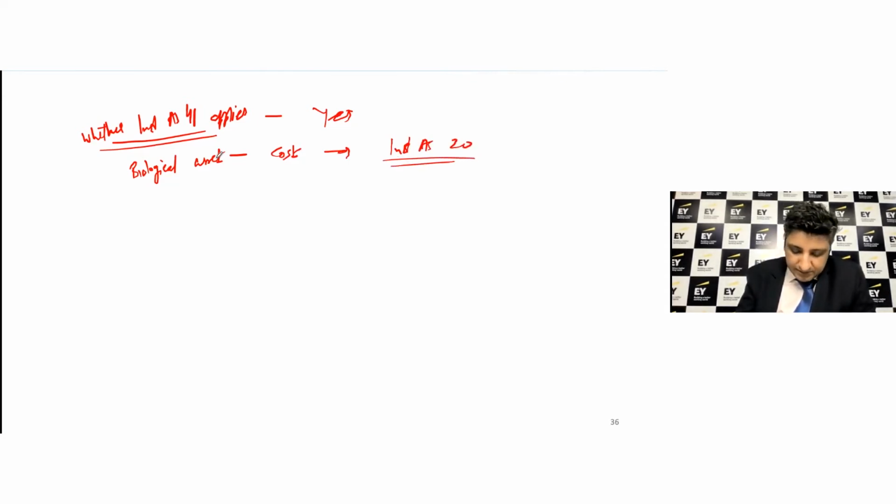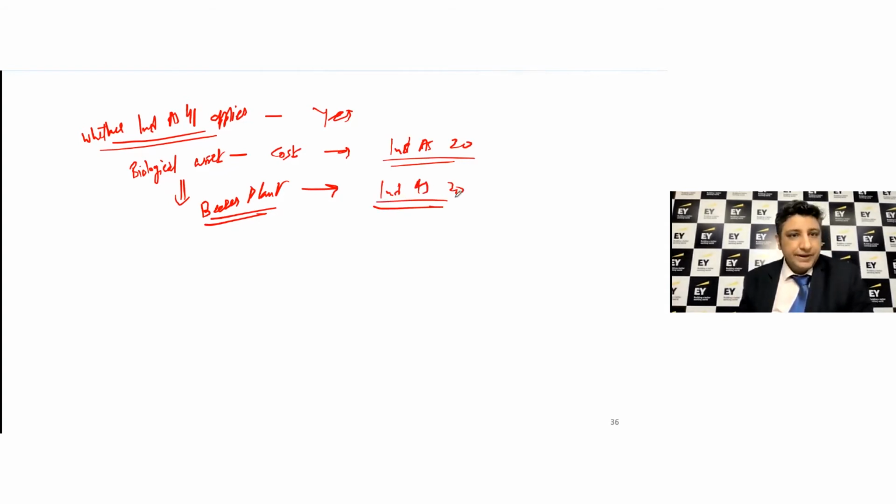The third scenario is that if, for example, this was not measured at cost, is this asset, is this plant a bearer plant, right? In that case, again, Ind AS 20 would be applicable. Okay. So on those basis, these two parameters, whether the biological asset is shown at its cost or whether it's a bearer plant, in those cases, the treatment done by the entity would be correct.